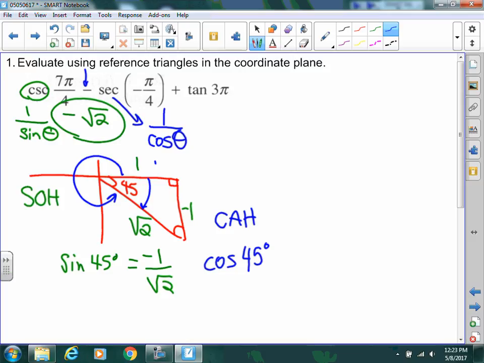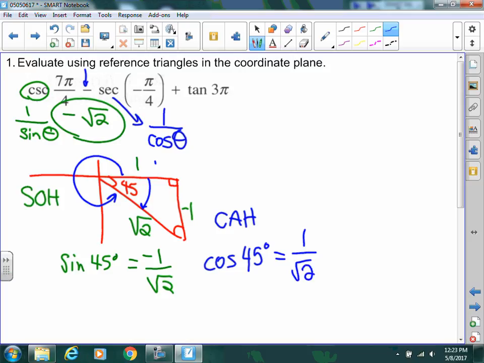The adjacent? And what's the adjacent to that 45? Yeah, that one right there. It's a positive one because it's on the x-axis, right? It's positive there. So we're going to say 1 over, what's the hypotenuse? Square root of 2, thank you.